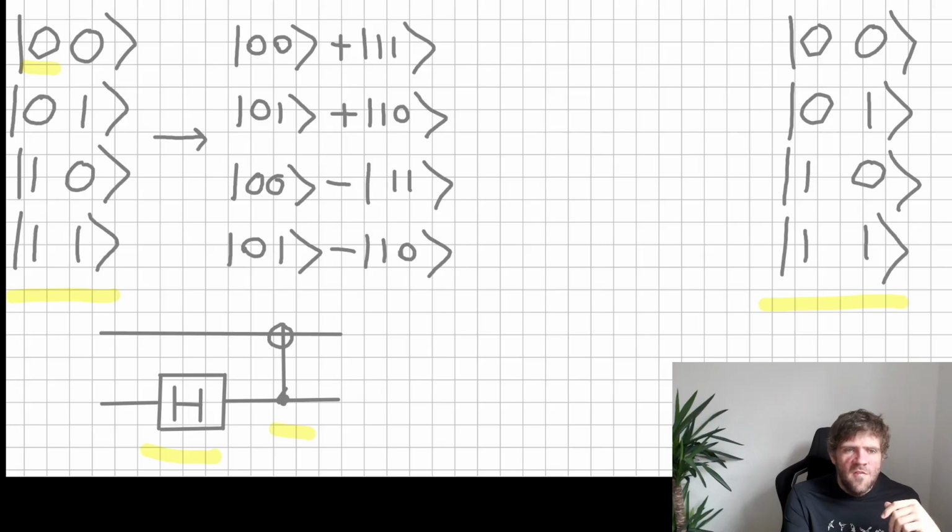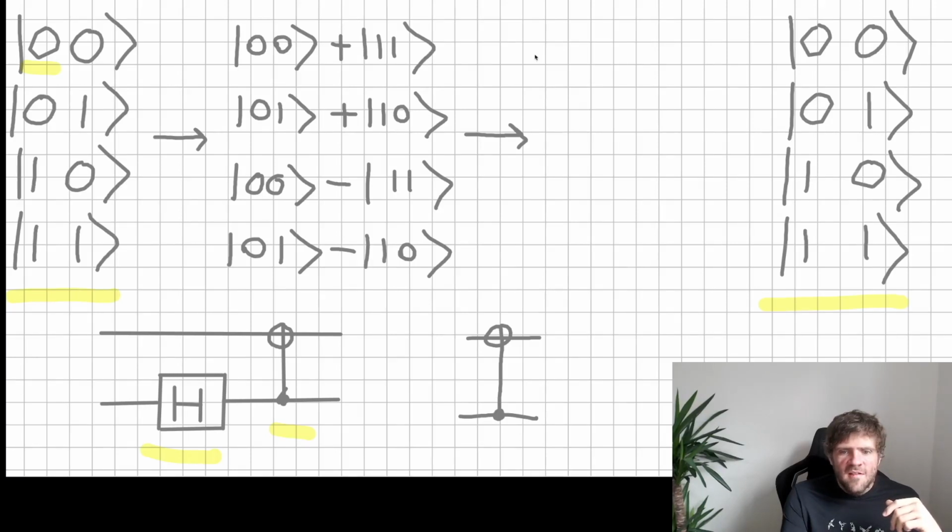And what we will find is that, well, let's just apply the controlled NOT first of all. So here I'm going to try and do a circuit while I talk. Here we'll just apply the controlled NOT, and what do we get as a result from that?